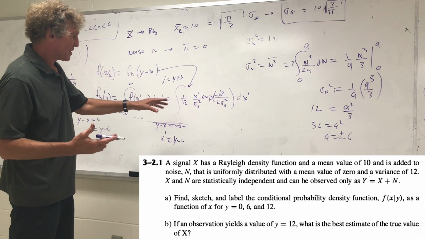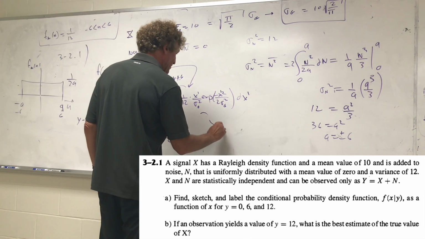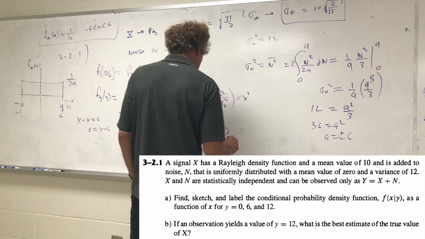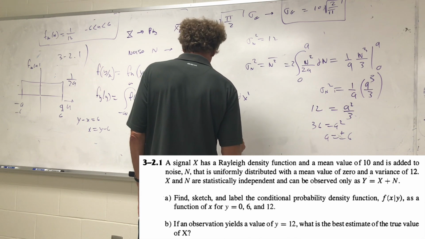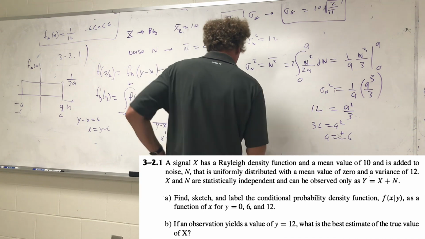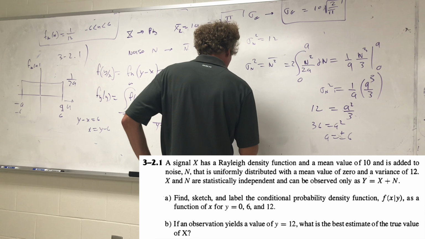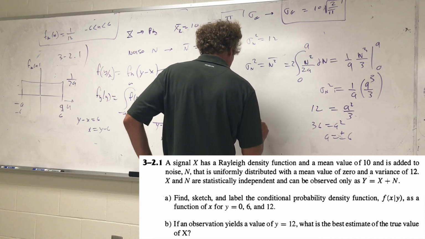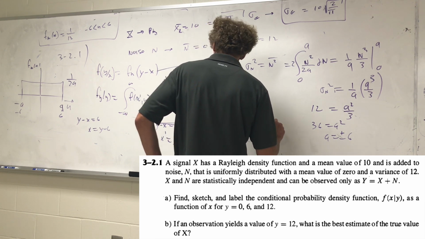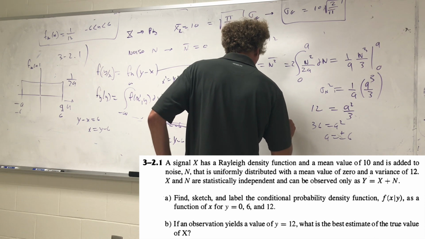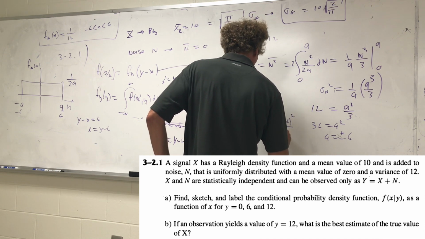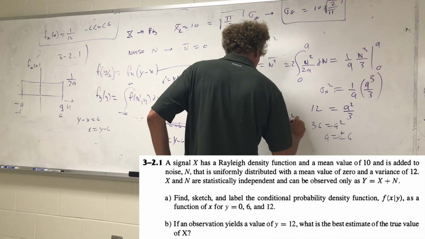So then this one should become, and you tell me if I'm wrong here, 1/12. And then I'm going to take the upper limit, so this is going to be the Rayleigh distribution of 1 minus exp to the minus (y plus 6) squared over 2 sigma Gaussian squared.